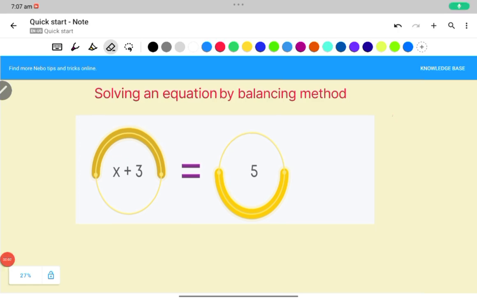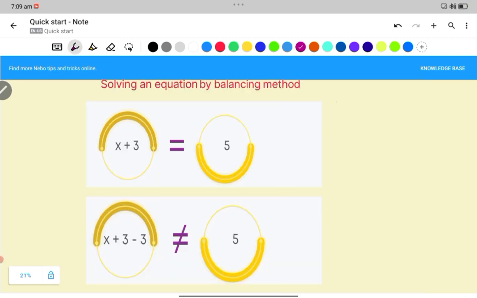The given equation is a balanced equation. Here both LHS and RHS are equal. Here we subtracted 3 on the LHS part. If an operation is performed on only one side of the equation, then the equation is disturbed. Here LHS is not equal to RHS.